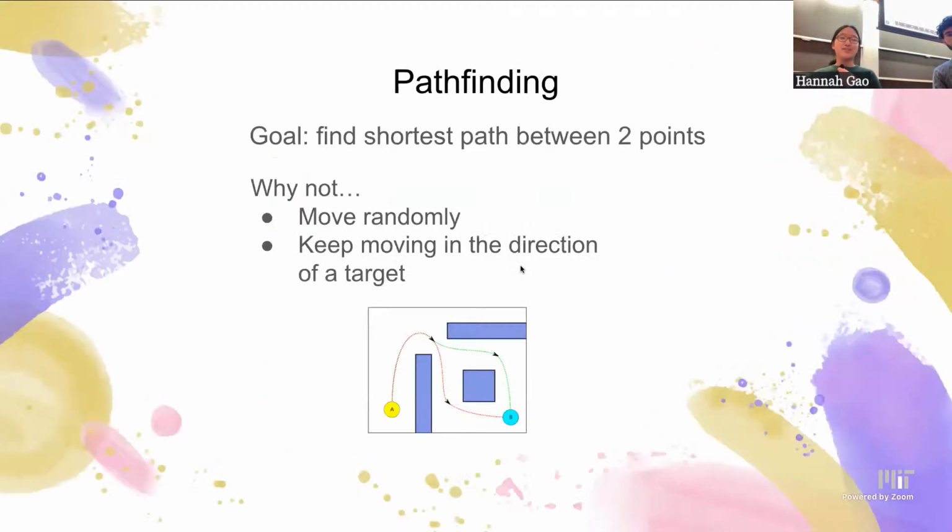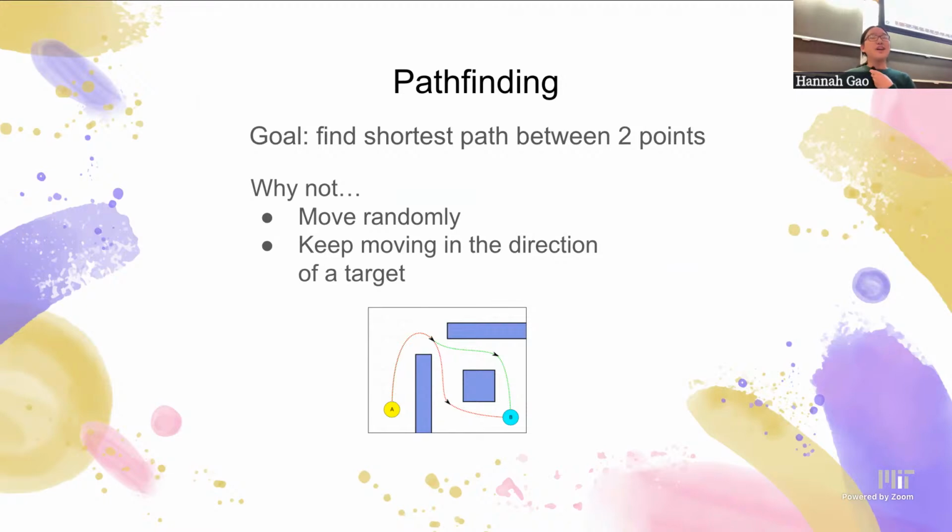So what is pathfinding? Basically, pathfinding is a way of getting from a starting location to a target location in an efficient manner. A lot of what we've been doing so far is whenever you try to go from one location to another and you hit an obstacle, our strategy has just been to move around randomly until we're unstuck and then keep trying to move wherever we're trying to go.